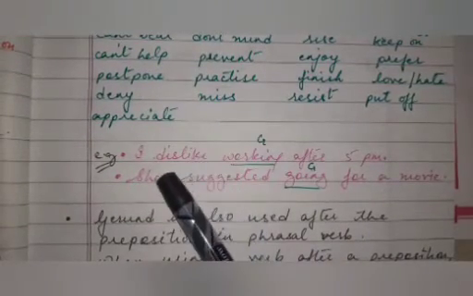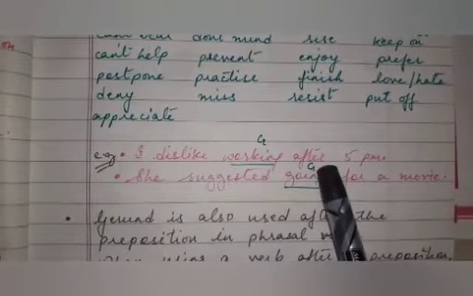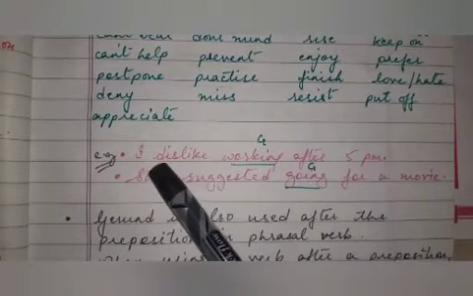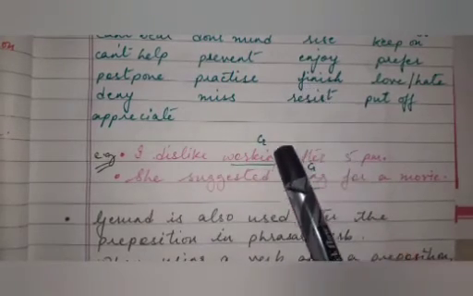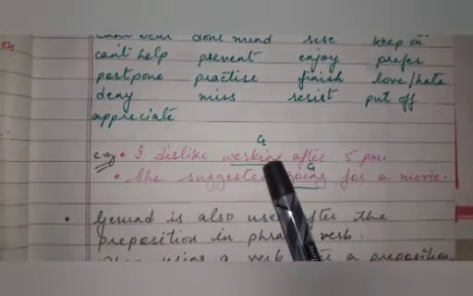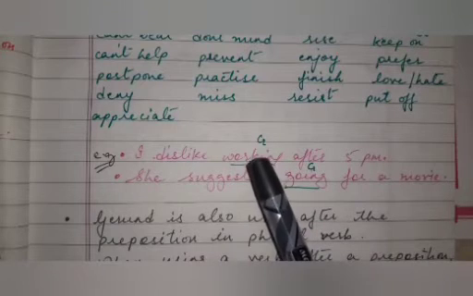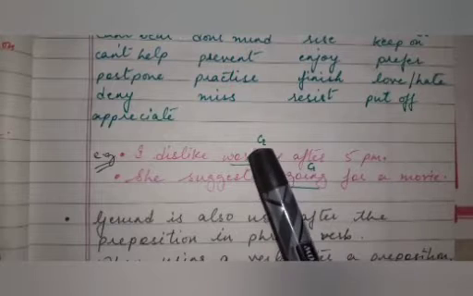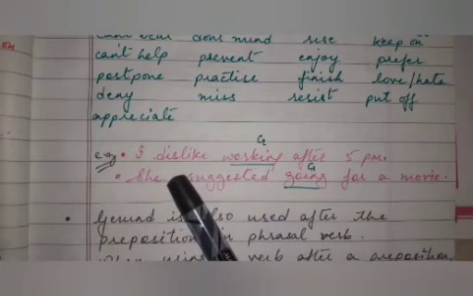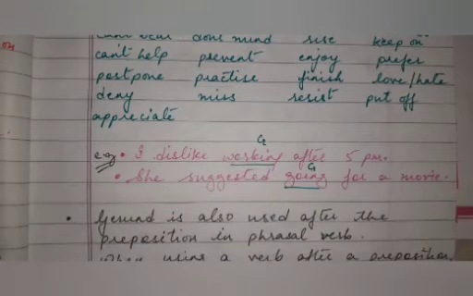Take for example, I dislike working after 5 p.m. I is your subject. Dislike is the certain verb from the list. Dislike what? Working. Working here is your gerund. So here he said that your gerund appears after the verb. Yes. Take the other one.